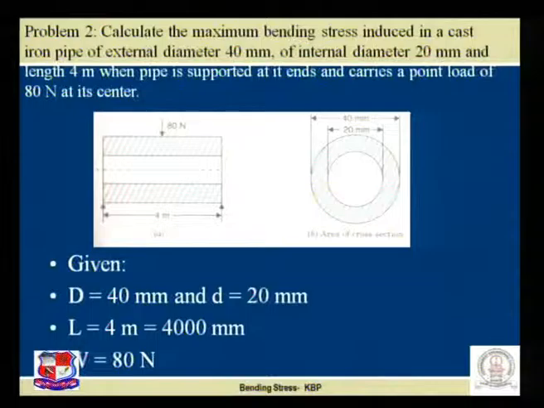A very interesting question has been asked to us. Refer to the data first, and then based on that we can plot this particular figure.